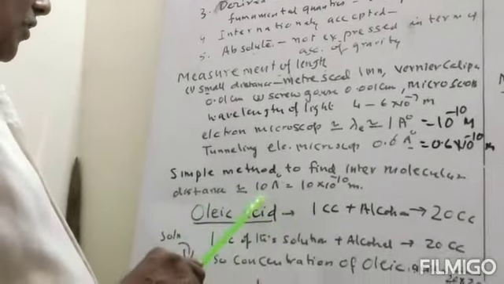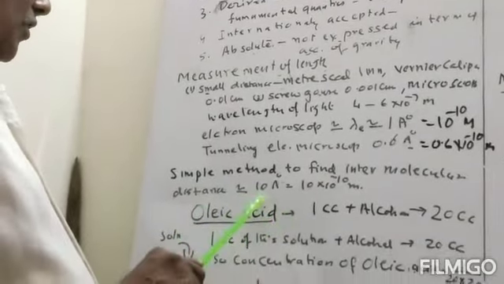Now we take 1 cc of this solution out of the 20 cc and make it again 20 cc by adding alcohol.